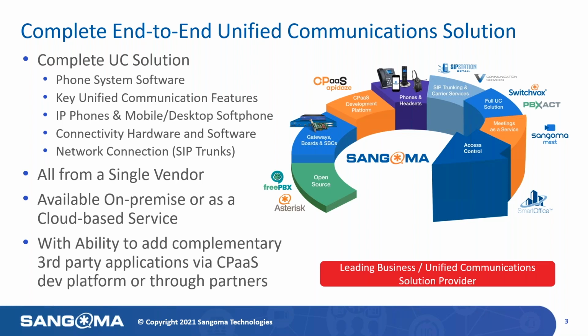At a high level, Sangoma is a global communications company with customers in over 150 countries and over 35 million endpoints or phones deployed worldwide. As you can see from my diagram here, we have a lot of products in our portfolio, all related to communications. Today, we're mainly going to be focusing on Switchvox, as it is the anchor point from which many of these other products can be branched off to develop a full unified communications system.